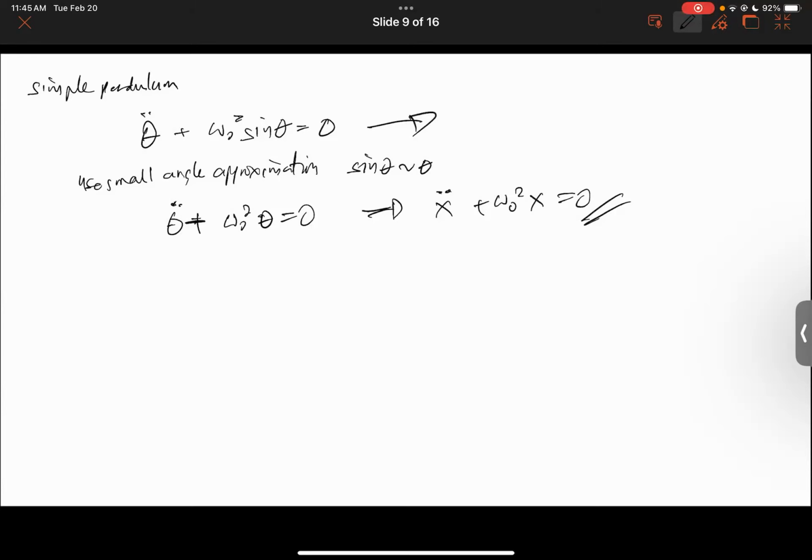And you can say na for angles less than 10 degrees, okay, yung difference between this approximate solution, okay, and this more realistic solution, okay, is the same, pero for angles greater than 10 degrees, then makikita natin na yung real solution starts to deviate as a function of time. So mas magiging obvious na yung difference between the real solution and the approximate solution.